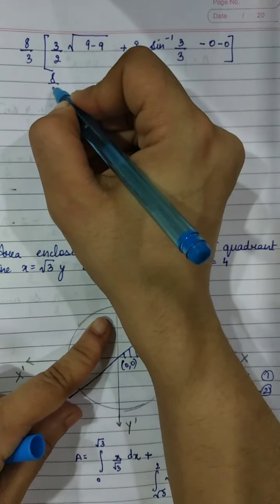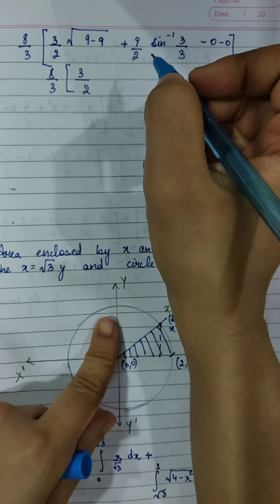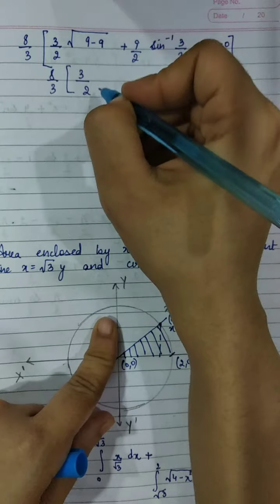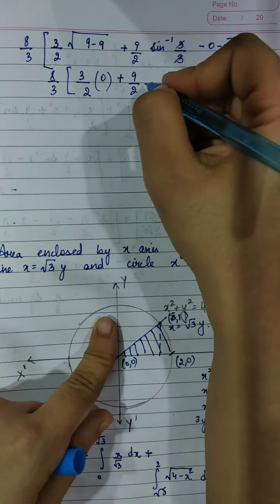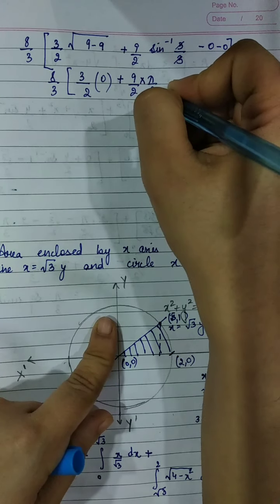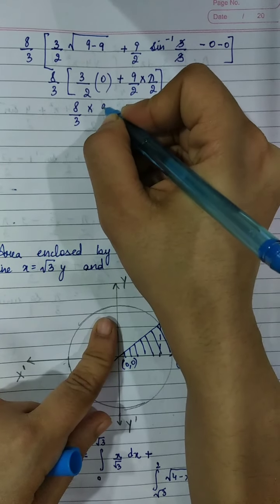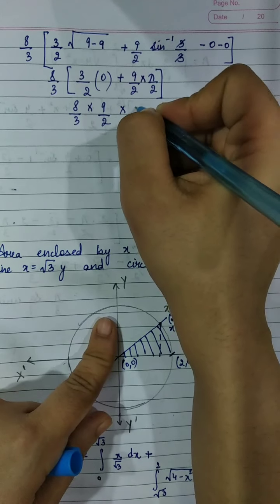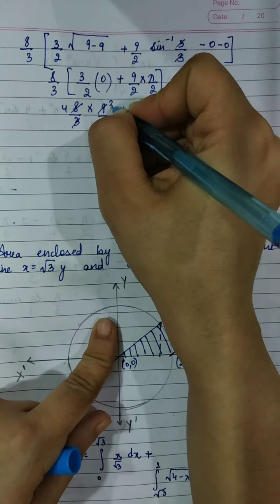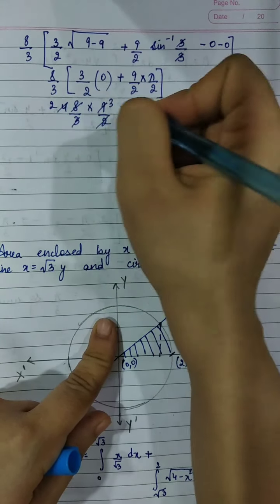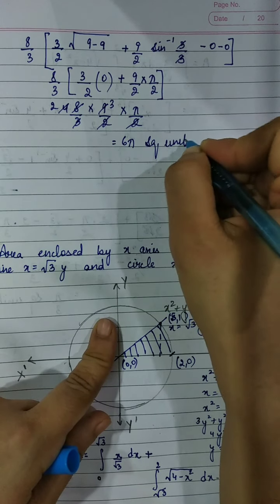So this is 8 by 3, this becomes 3 by 2 times 0, plus 9 by 2 sine inverse 1, that is pi by 2, and this is 0 already. So we have 8 by 3 into 9 by 2 into pi by 2. So 2 4s are 8, 3 3s are 9, and 2 2s are 4. So again the answer is 6 pi square units.